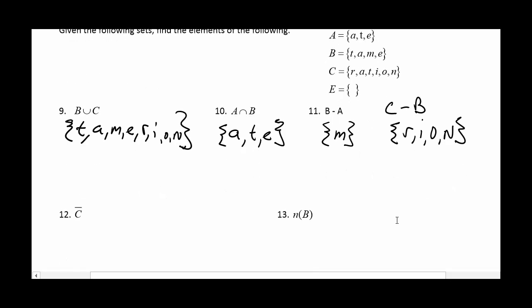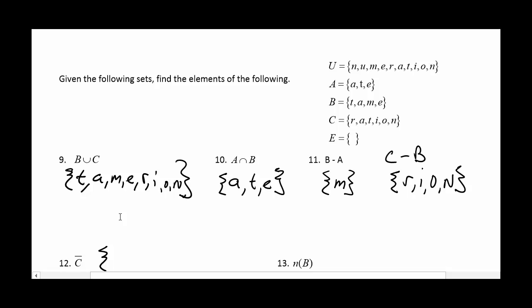Okay, next up is the complement. This symbol with the line on top means complement. So I'm going to go back to the universal set, and identify things that are not in C, but are in the universal set. I'm just going to go letter by letter. I can see an N in C, so I don't want to include that. U is not in C, so it's in the complement.